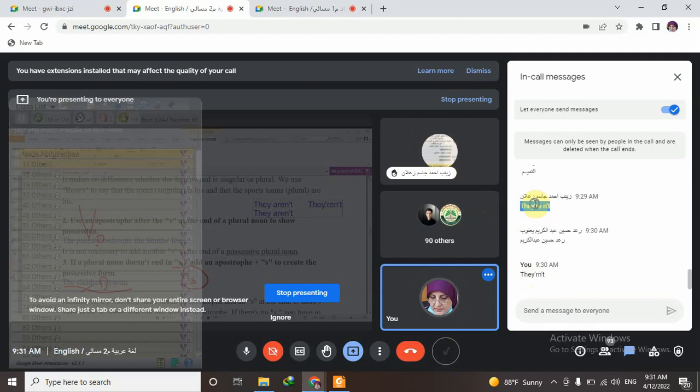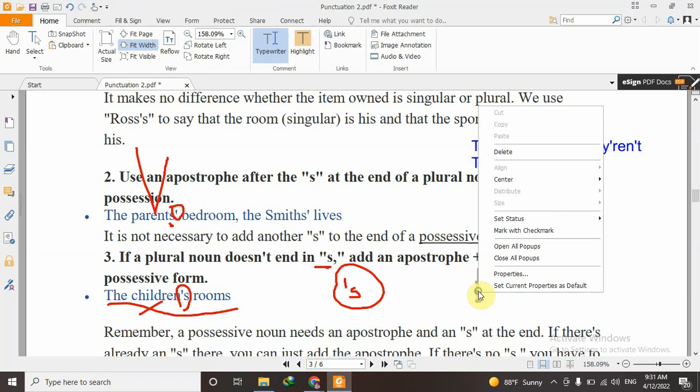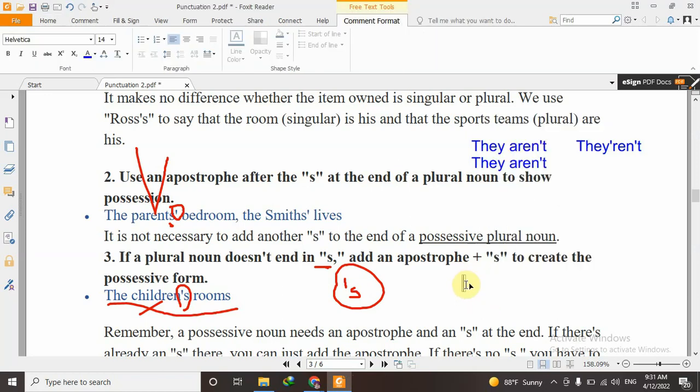She wrote it this way and asked, is it correct to use it just like this one? This is wrong. You know why? Because first of all you cannot contract are and not at the same time within the same place.